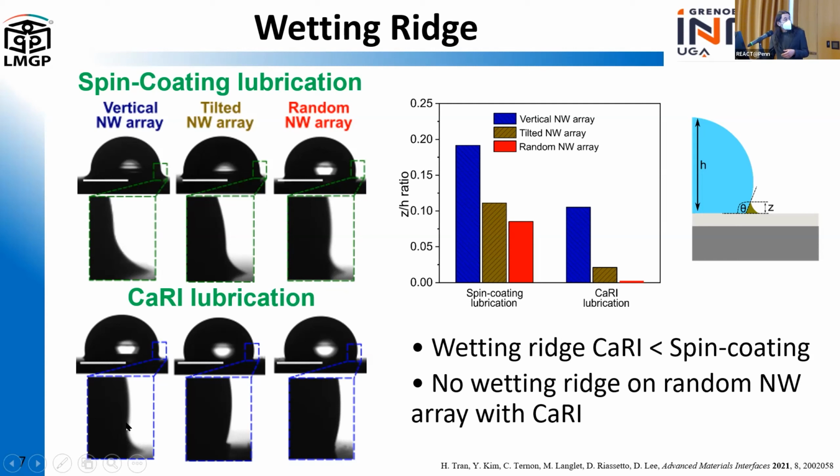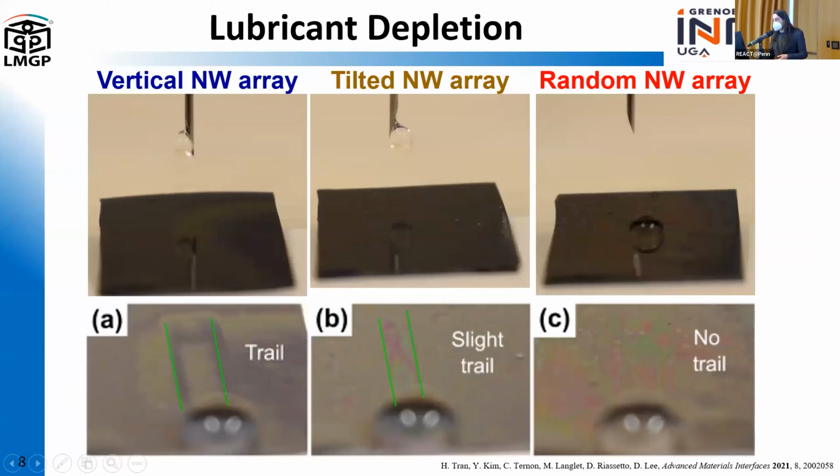When we change the morphology from something vertical to a random one, there is a decrease in the size of the wetting ridge. And here, we can no longer see the wetting ridge. So it seems that we found a way to decrease the wetting ridge and the lubricant depletion.